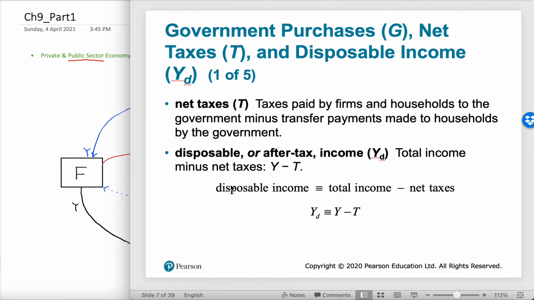Okay, if we include the government into our economy, we'll have net tax. So tax is, we're charging the civilians, we are charging the citizens of the country. And in Oman, it's going to be started maybe in Ramadan, that income tax and the goods and services tax are going to be introduced.